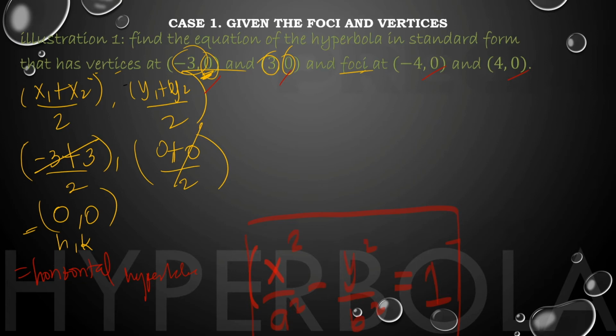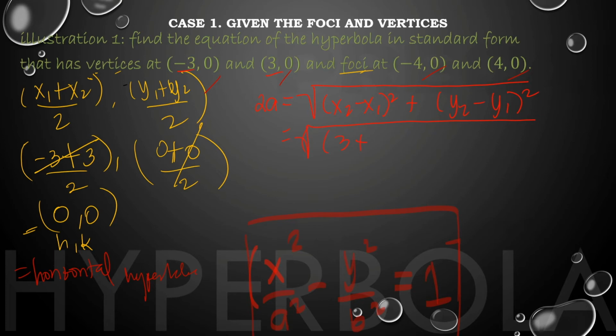So, yung vertices, ito yung endpoint ng transverse axis. So, to find the transverse axis, so 2a is equal to yung distance formula, x sub 2 minus x sub 1 squared plus y sub 2 minus y sub 1 squared. So, ang gamitin natin is yung coordinates ng vertices. X sub 2 natin is positive 3. So, 3 minus x sub 1 is negative 3.